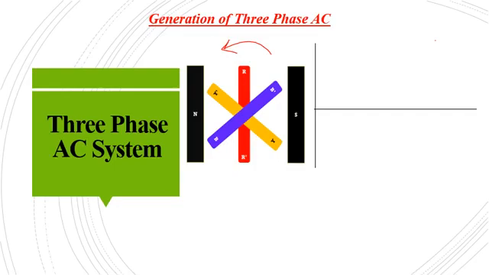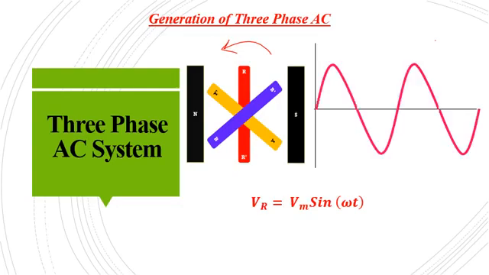So the voltage generated across the coil R, that can be denoted as VR, is equal to Vm sin omega t. Okay, and the waveform can be drawn as shown in the figure.